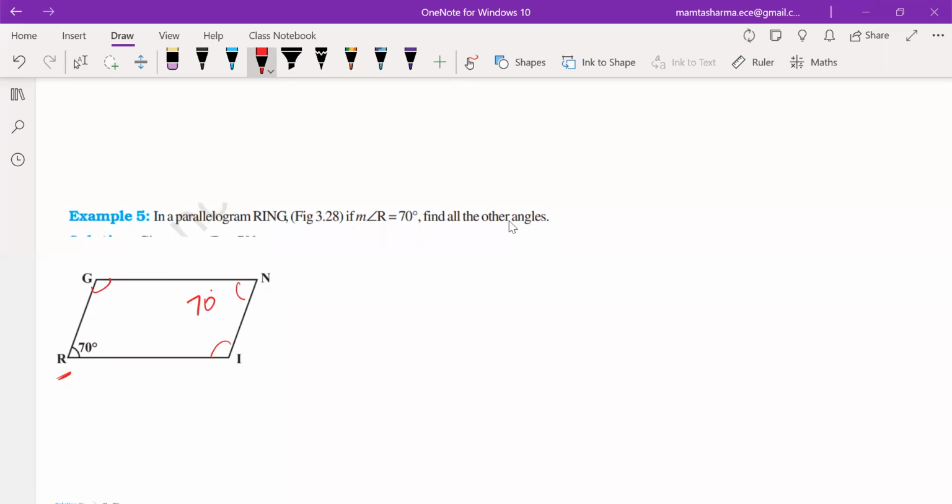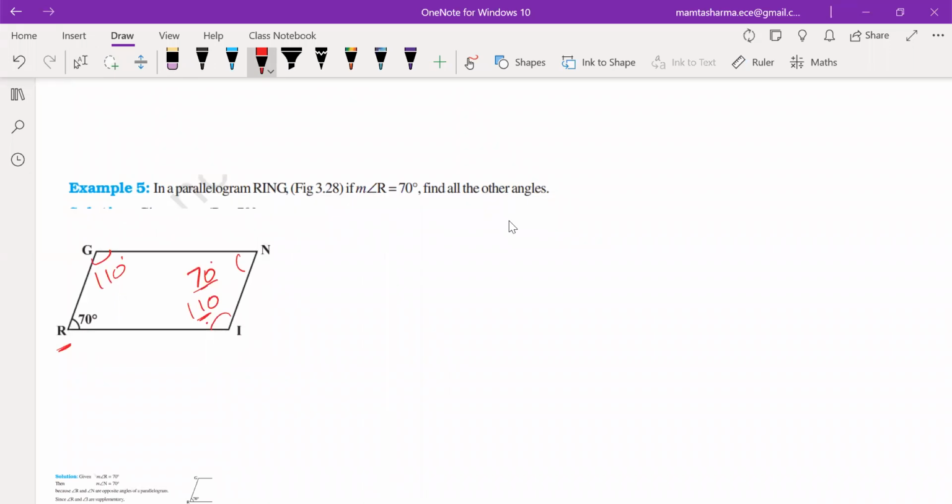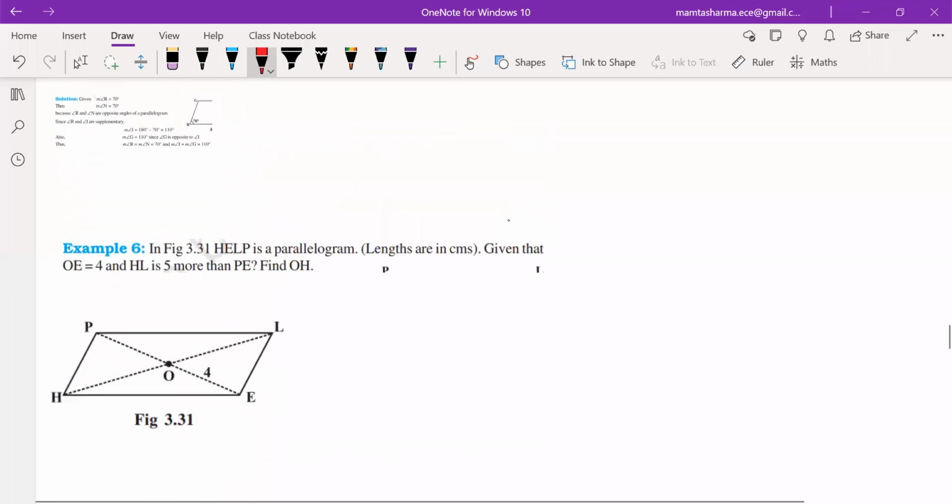So N plus I is 180. 110 degrees, ma'am. If it is 70, it would be 110. And if it is 110, the opposite angle is equal, so it will be 110. This adjacent angle property will be used most commonly, so remember it.